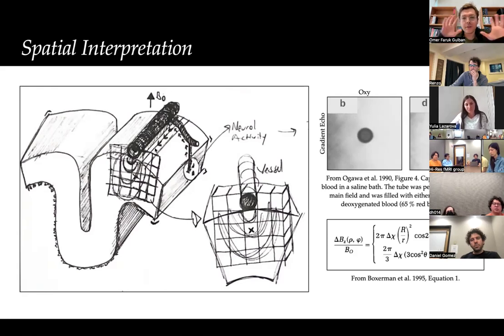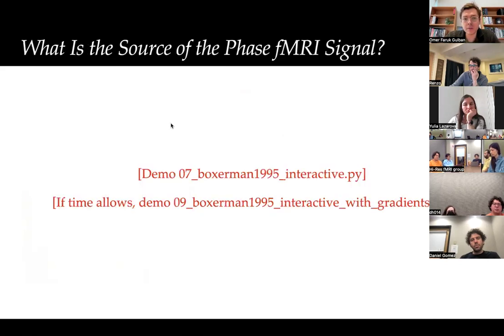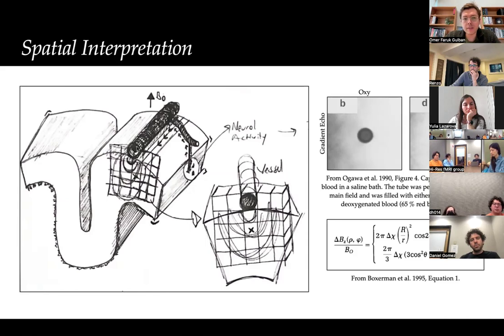So there might be neuronal activity here, but I might end up measuring some signal changes over there because of the oxygenation changes going higher up in the vascular hierarchy. At the end, it exerts a different extravascular distortion around the pial vein. This is the whole story about BOLD being non-local or not spatially specific.